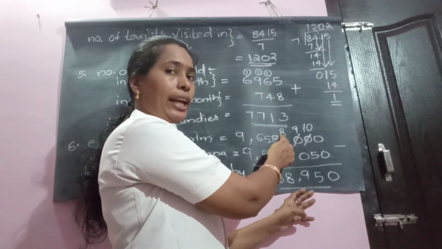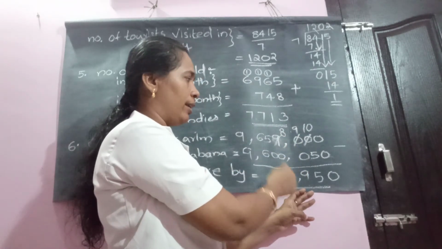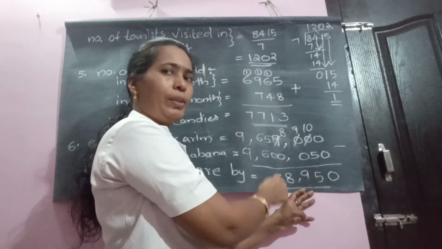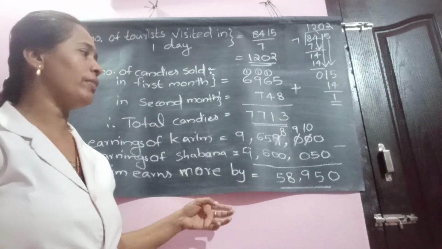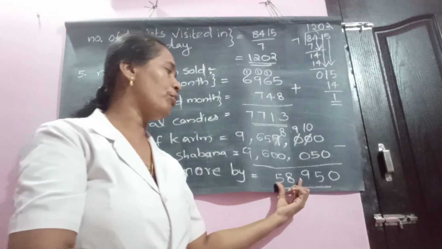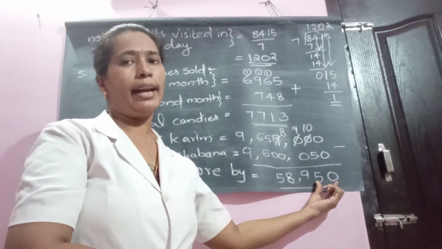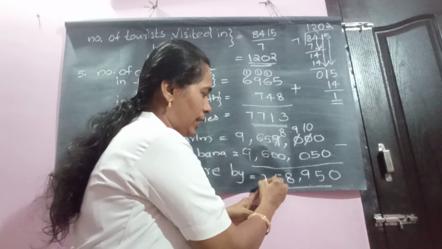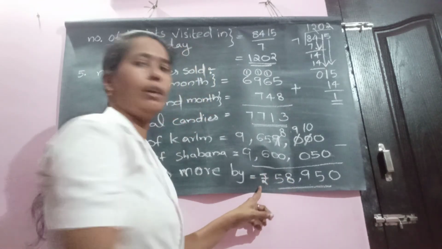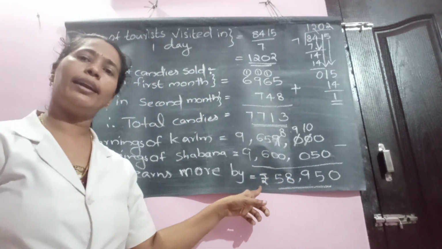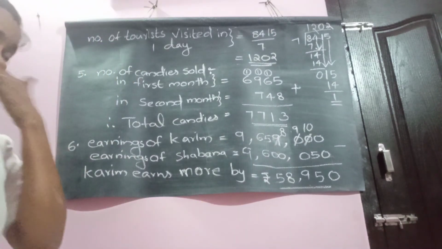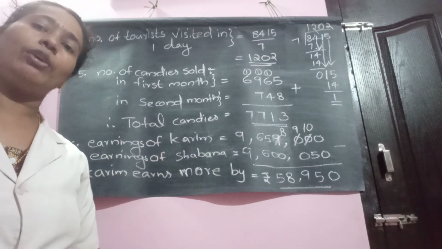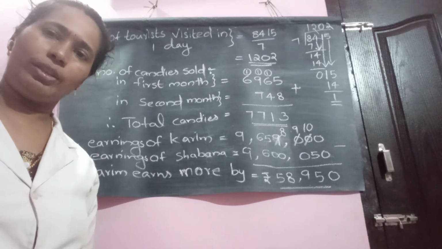This is 8 now. 8 minus 0, 8. 5 minus 0, 5. 6 minus 6 is 0, which is not required. So the difference between their amounts is rupees 58,950. Complete this in your notebook, on the back side of your notebook you can complete all these. Thank you.